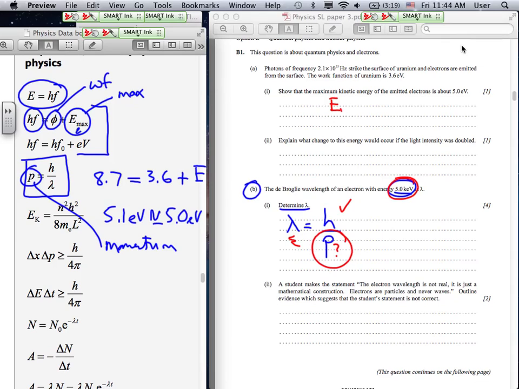We have that Ek is equal to a half mv squared. I can write that as m squared v squared over 2m is equal to my Ek, my energy.